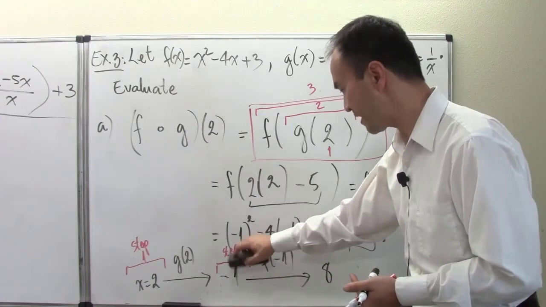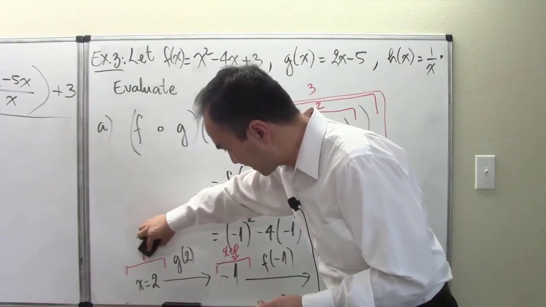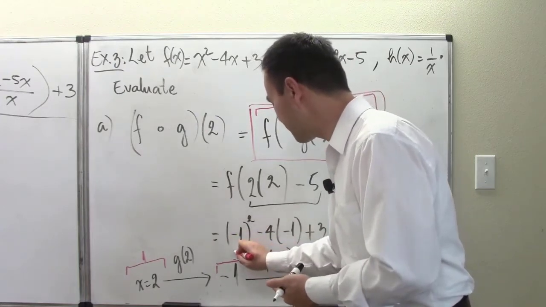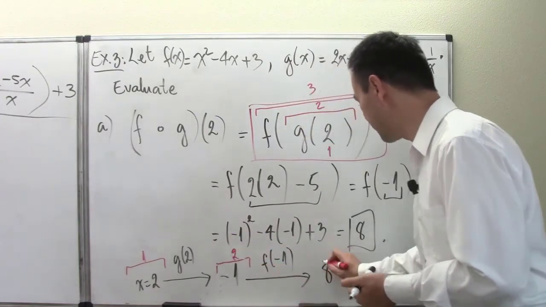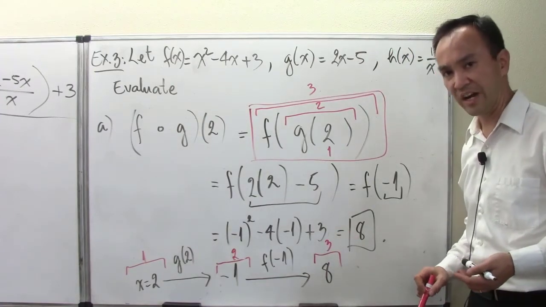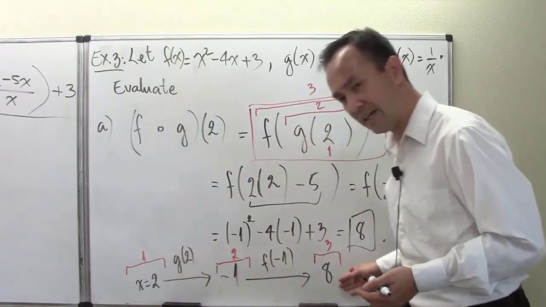Calling that a step is not really the proper way of saying it, but this is sort of like level 1 right here, and this is level 2. And this is level 3 right there. That's where we arrive at the final output. And that's from the inside out.